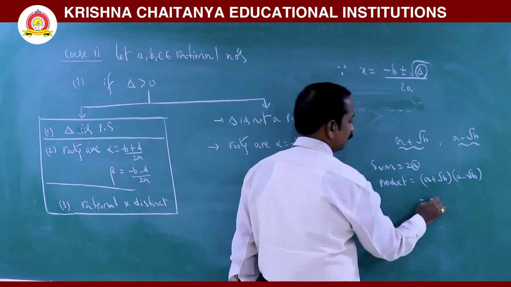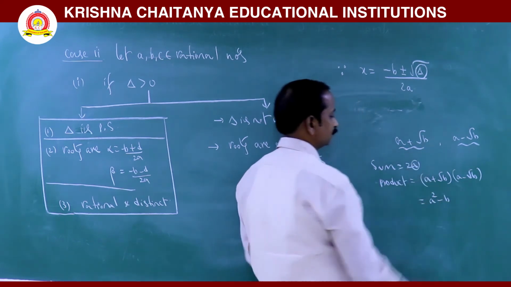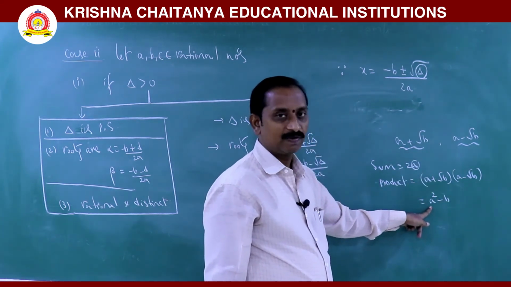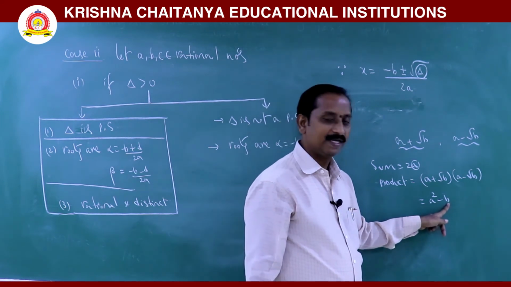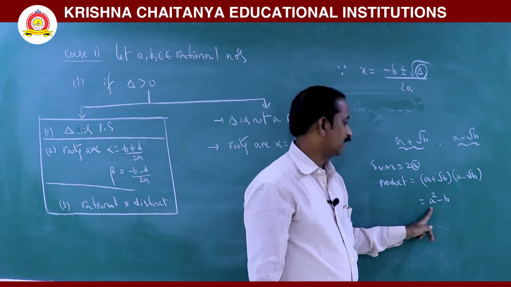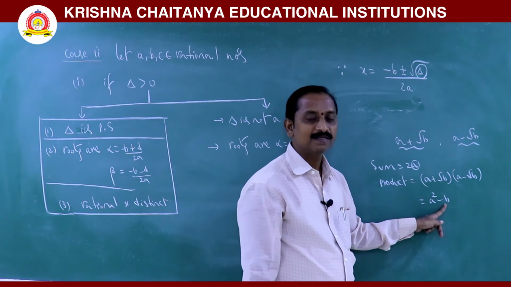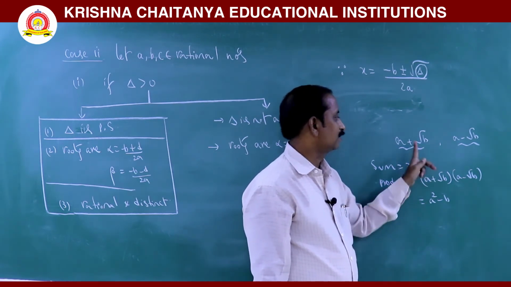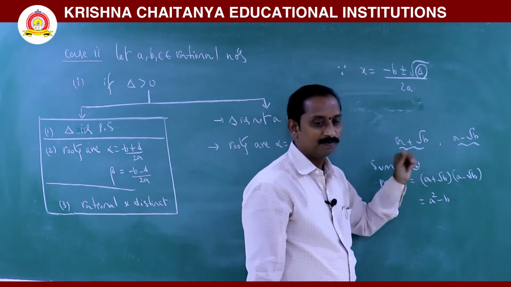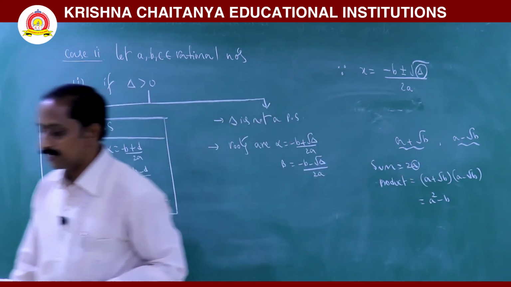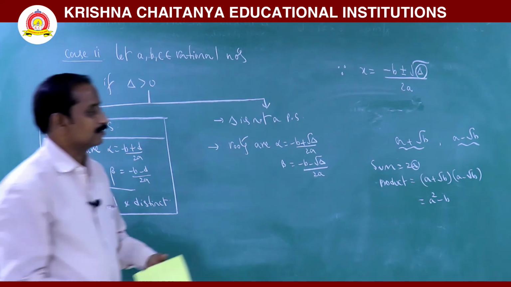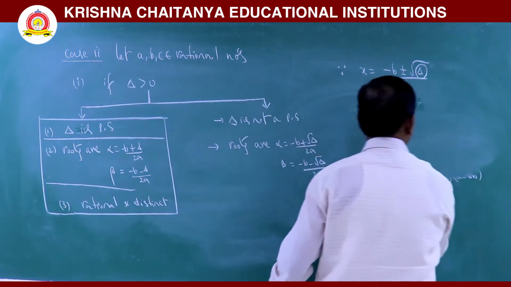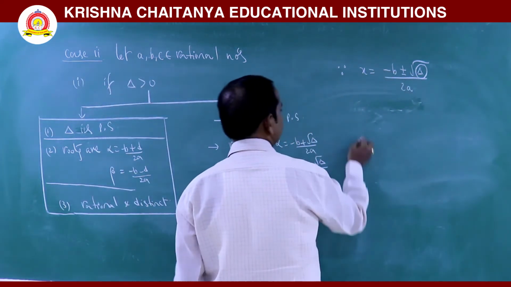It is nothing but a square minus b. A is real, so a square is also real. B is real and positive. So a square minus b is real. So sum and product become real. Now these two numbers are said to be conjugate numbers. Now for irrationals, what are the conjugates?